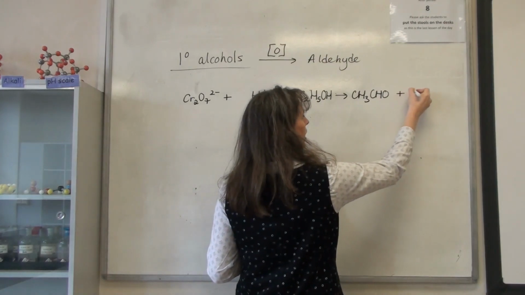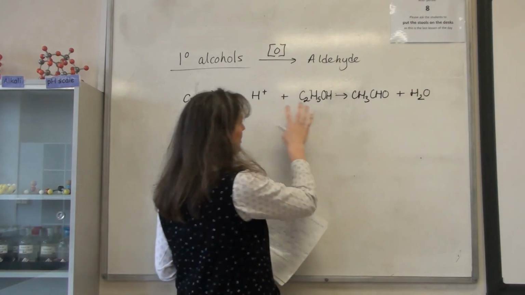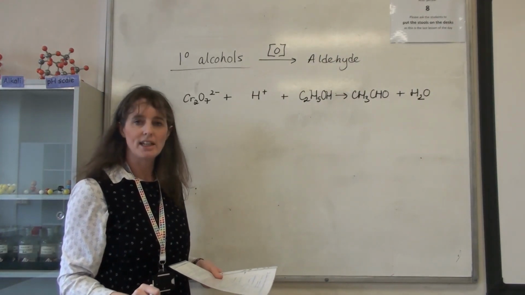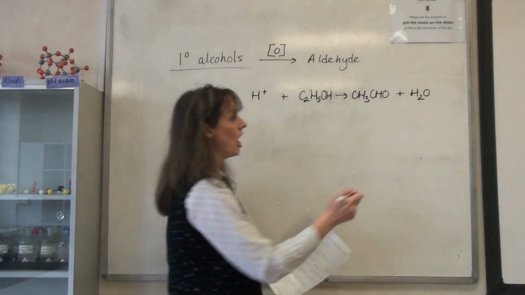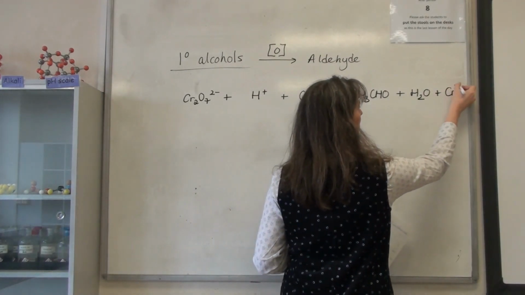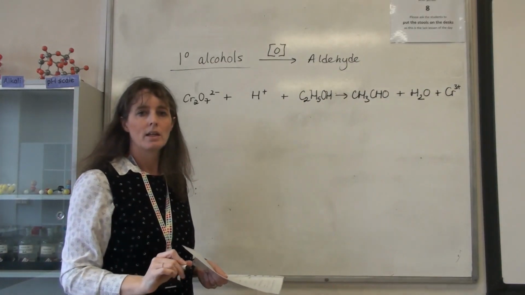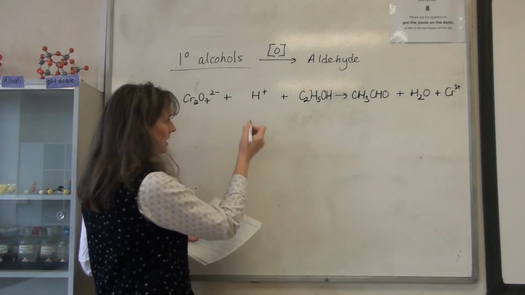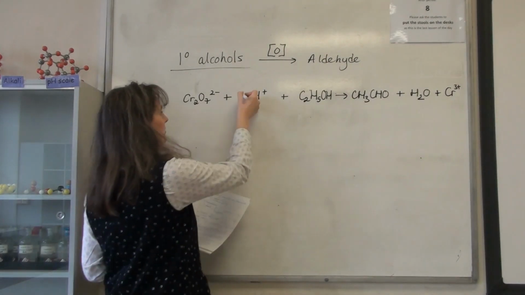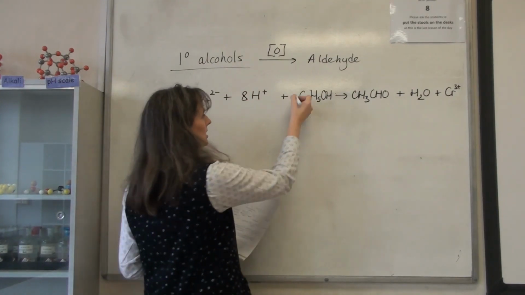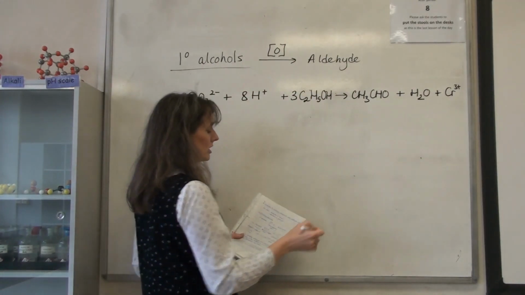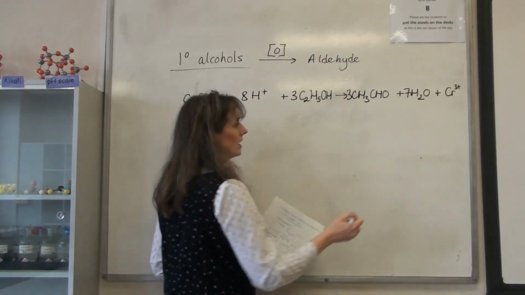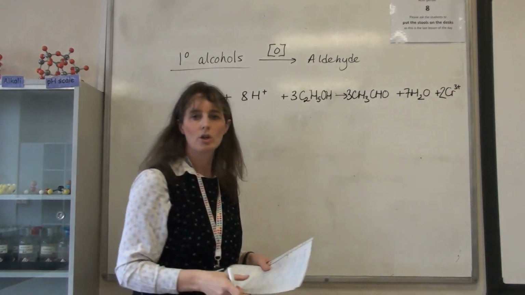We're also going to get our water, and the dichromate also has to change, and that changes into a chromium 3+ ion. So we now need to balance that, and I'll carefully put the balancing in. You could check it carefully, but it ends up as 8H+, 3 ethanols, 3 ethanals, 7 waters, and 2 chromium ions.